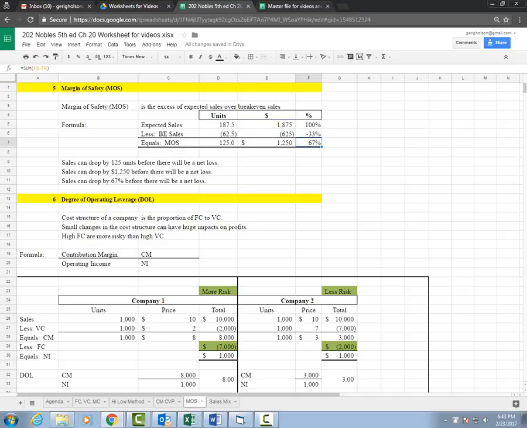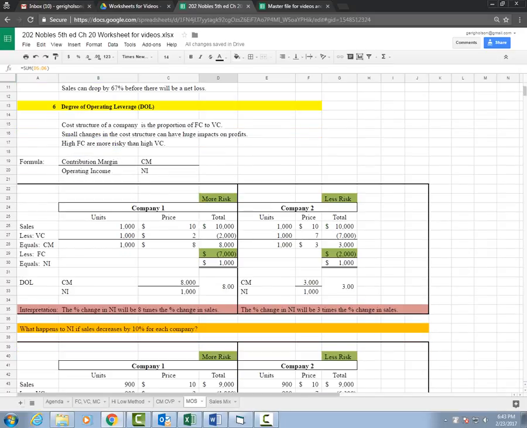That gives me the 67%. So that's margin of safety. Pretty easy. Typically in homework problems, you have to actually compute the break-even sales. They'll give you the expected sales, and then you figure out what the margin of safety is. I think you guys can handle that pretty easily.